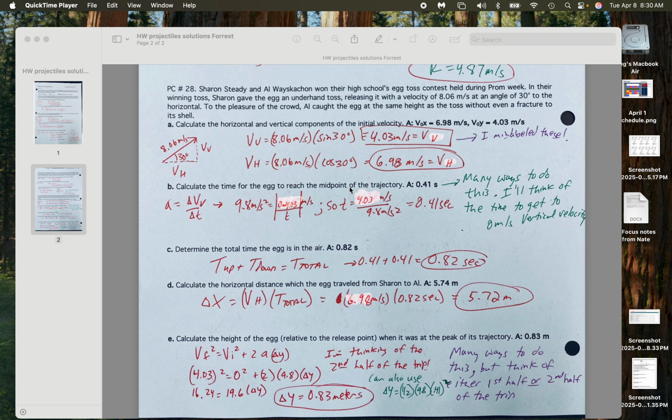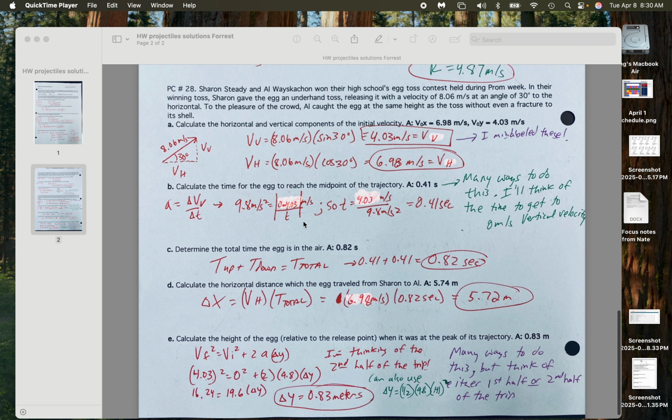So to calculate the time to reach the midpoint, there's a few ways you could do this. Obviously, you need an acceleration equation and you need something with time. I chose this one. I know that the vertical velocity initially is 4.03 meters per second, and it should be 4.03, not, oh, I said 0 minus 4.03.